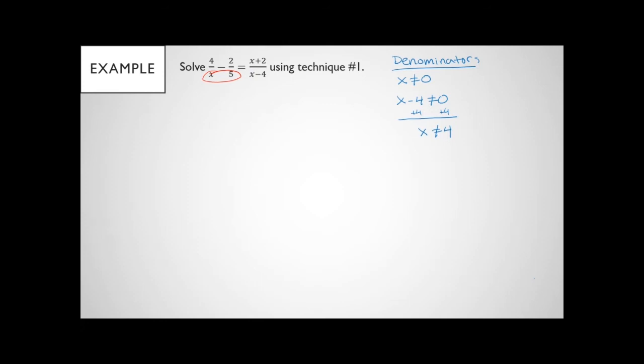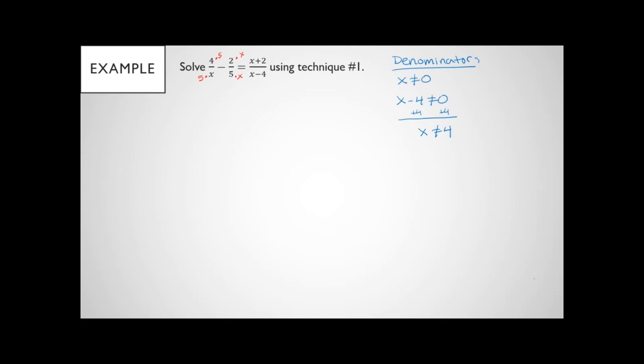You just basically multiply by the other's denominator. So I'm going to be multiplying the first fraction by 5, and you need to do this on the top and the bottom in order to get a common denominator. And then the second one by x. That way they both have a denominator of 5x.